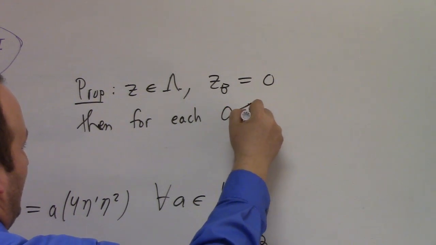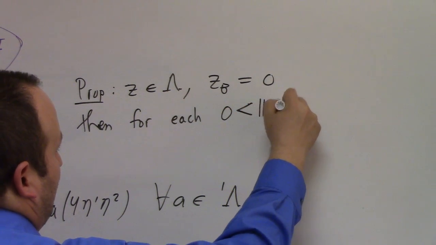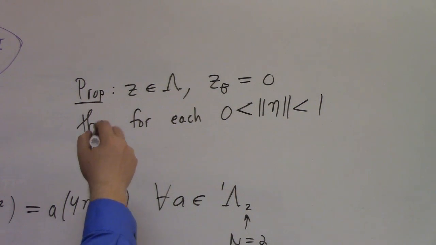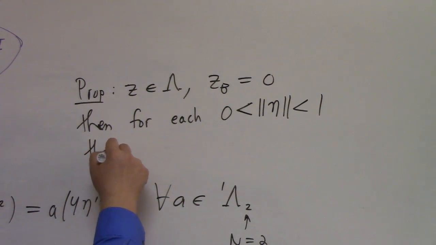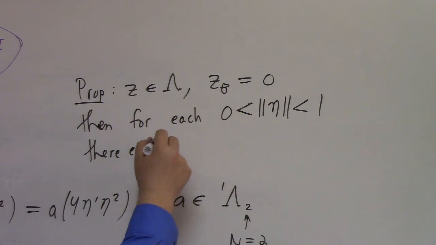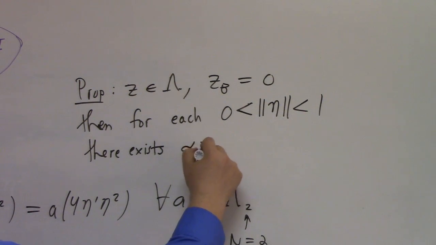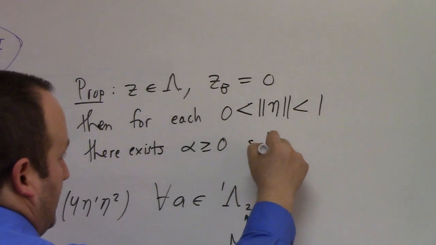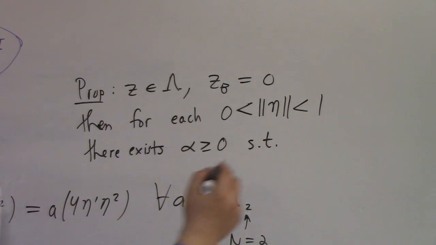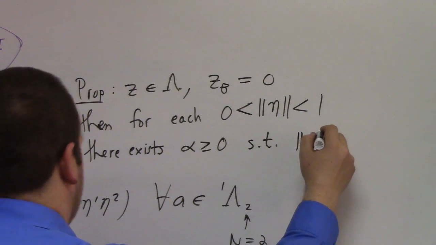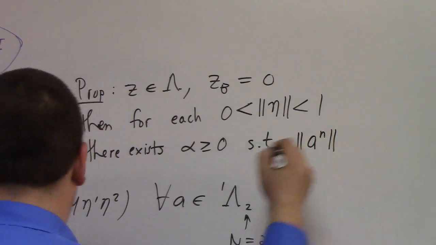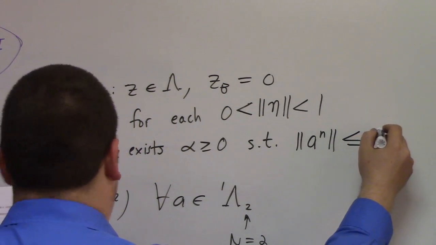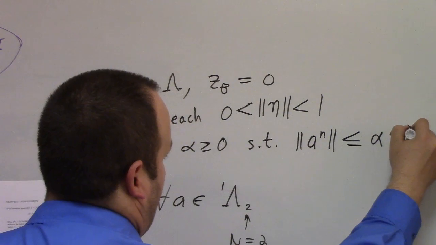The supernumbers are not any more ordered than the complex numbers. There exists alpha greater than or equal to 0, such that the norm of A to the N is less than or equal to alpha times eta to the N power.